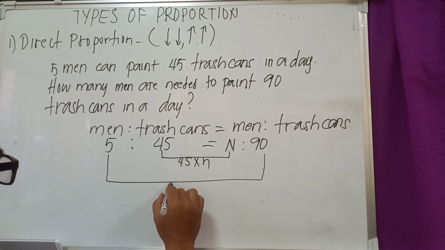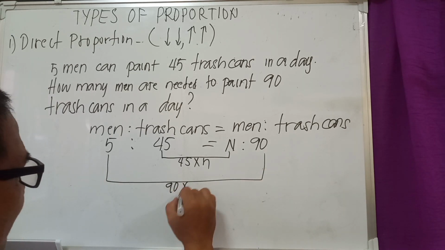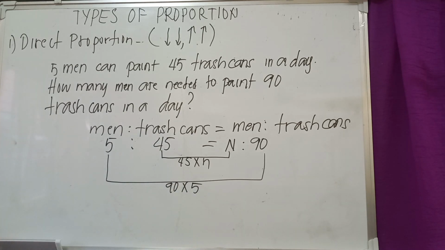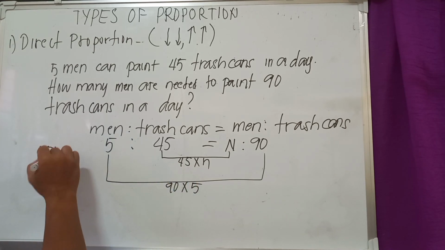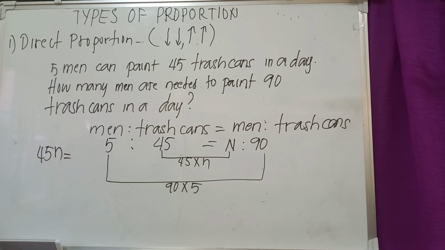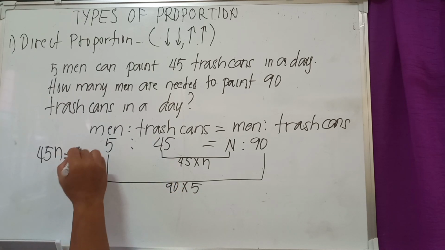That is 90 times 5 or 5 times 90. Let us answer. 45 times n, that is 45n equals 90 times 5, that is 450.